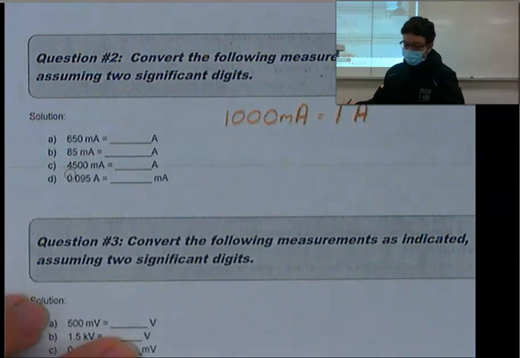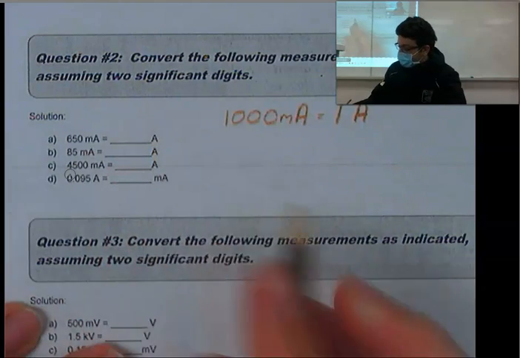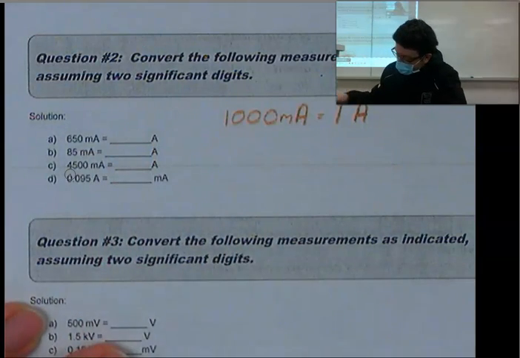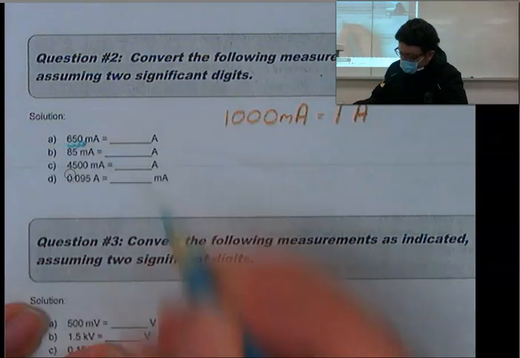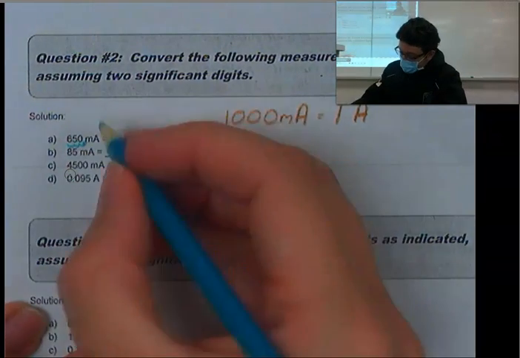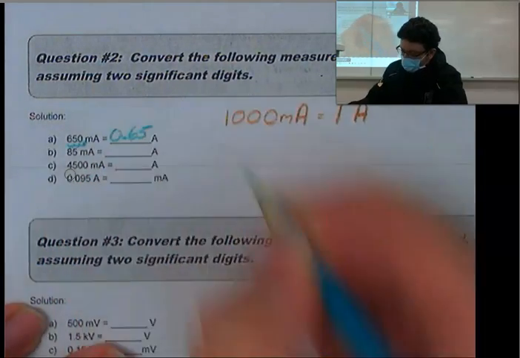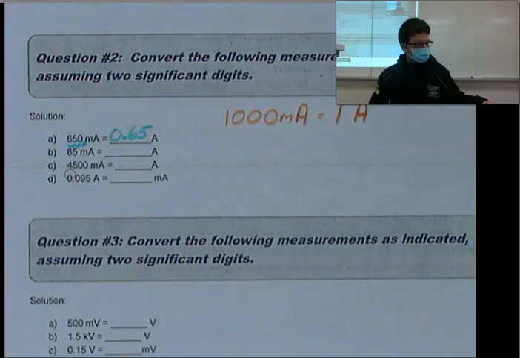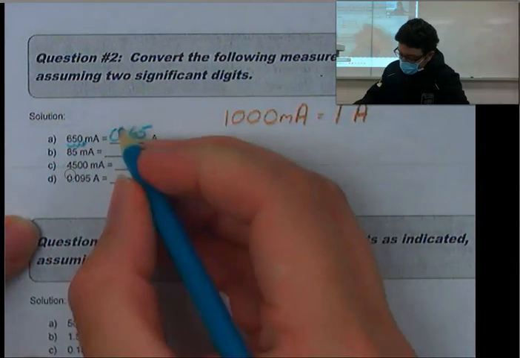So what we do is if we have 650 milliamps, we imagine a decimal here, and we move it to the left 3 spaces. So we end up with 0.65 amps. Okay, and we can move this one over 3 spaces as well.